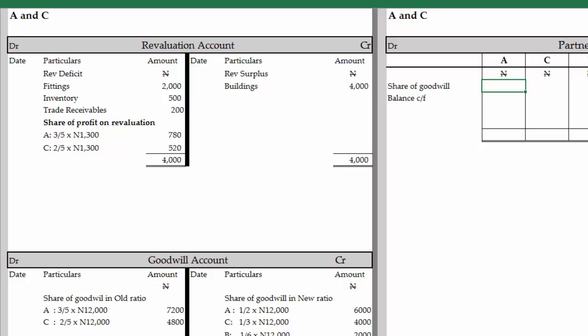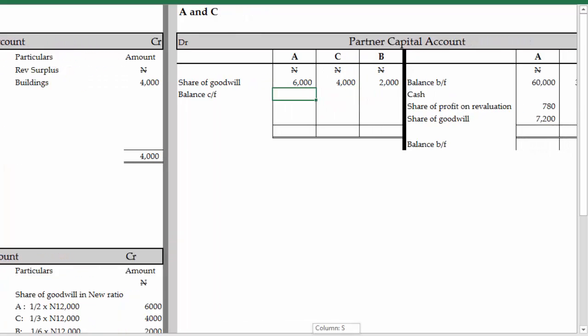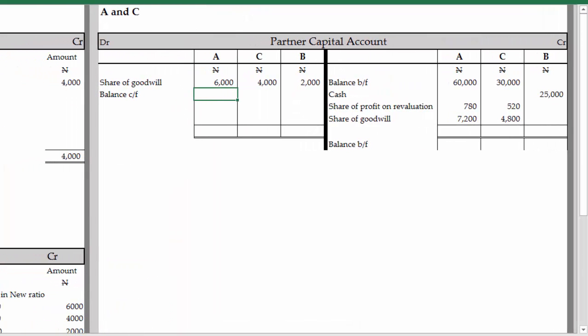So A is 6,000, C is 4,000, and B is 2,000. I've explained the credit goodwill and debit goodwill in the previous video on goodwill.